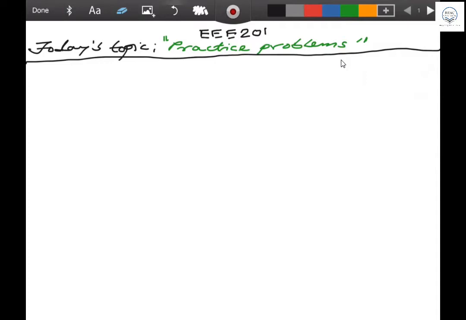So the relationship between the input voltage and the current in the circuit, if it is linear, that is a linear circuit, like y equals mx is a linear equation. Do you know that?